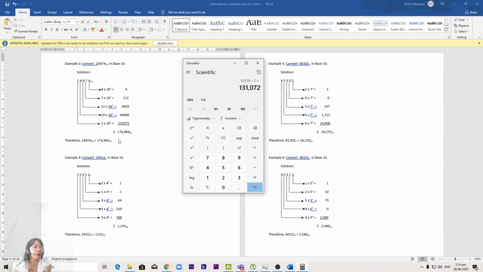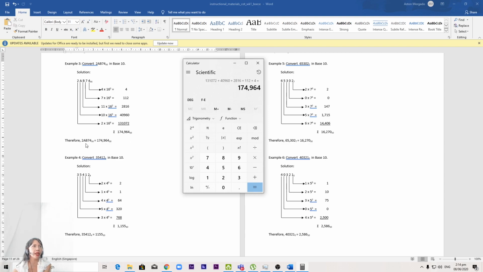So you have all the products here. So what will you do with this? You add. Let's add 131,072 plus 4960 plus 2816 plus 112 plus 4 equals 174,964 base 10.